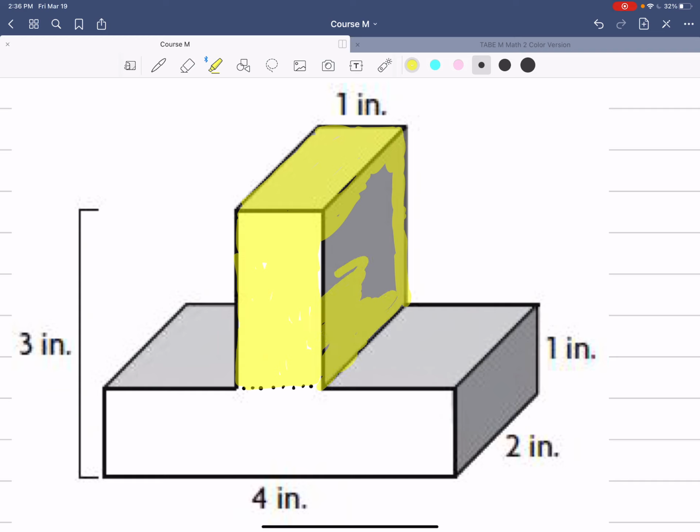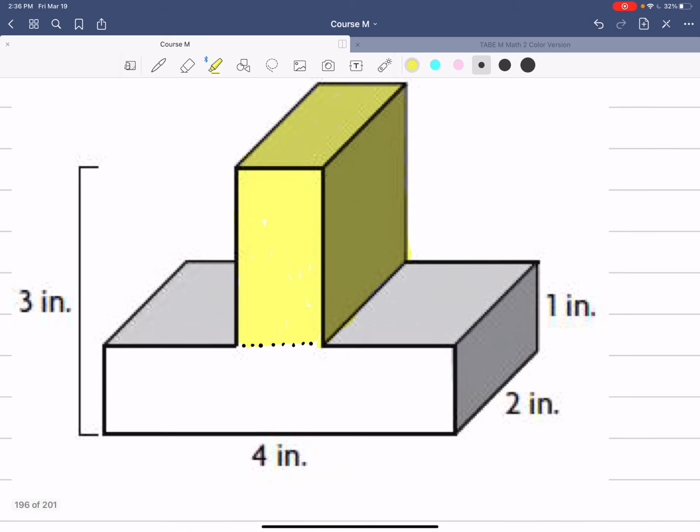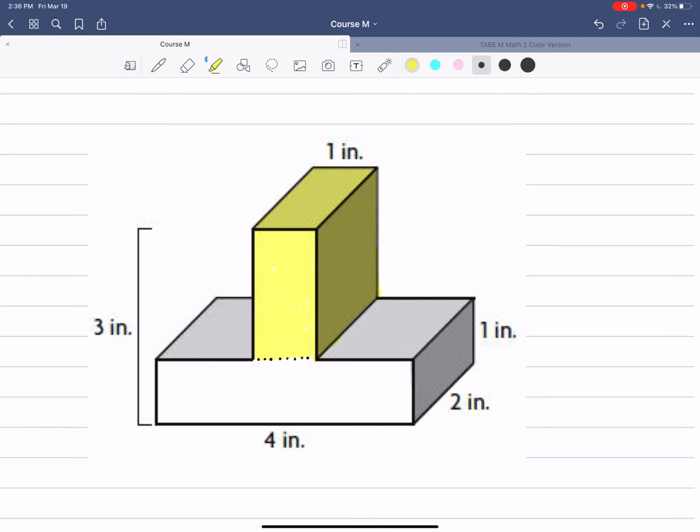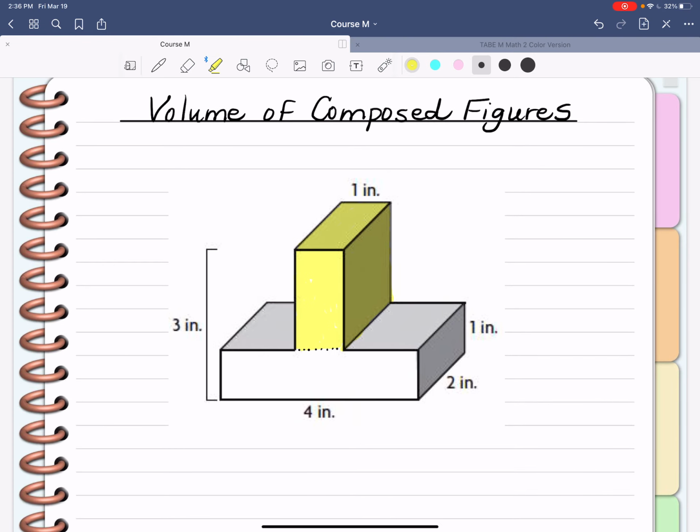But this is the top box. It's like a box on a box. Maybe they're glued together for some reason. These are pretty small boxes because the dimensions are in inches. So there is one box and then there is another box down below. So can we agree that we have two shapes?